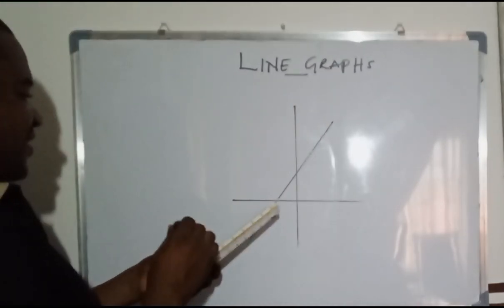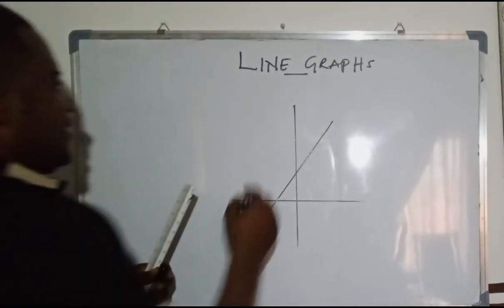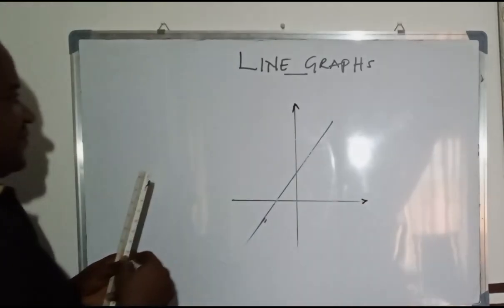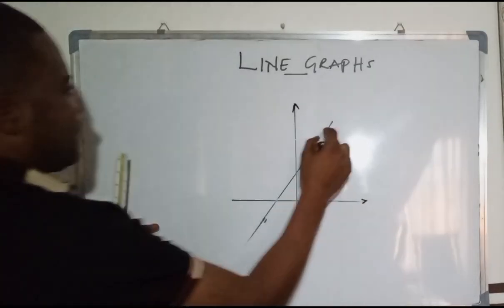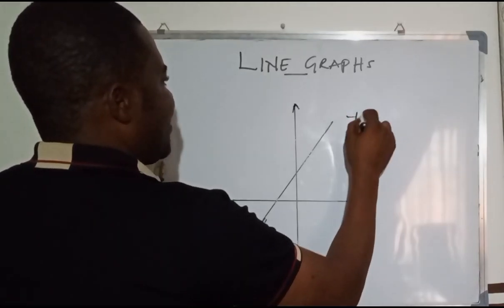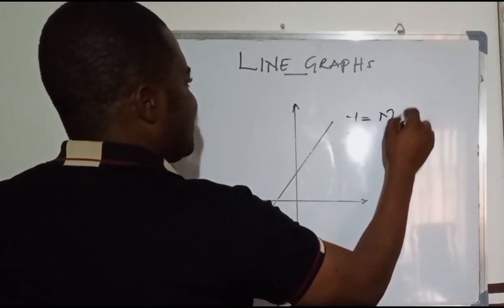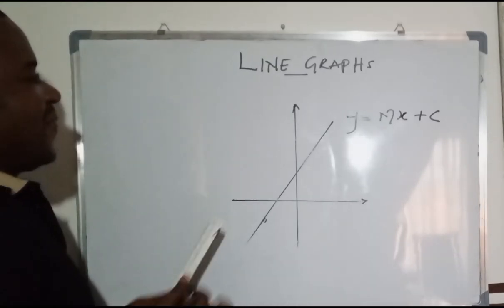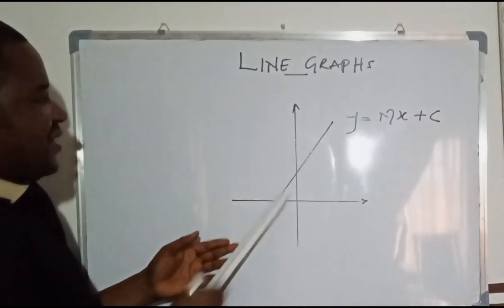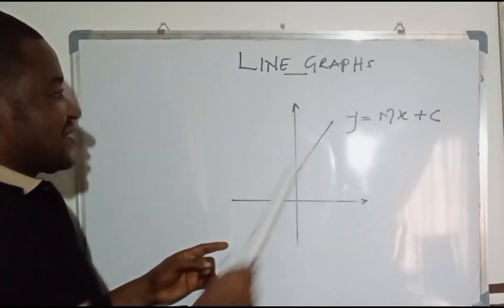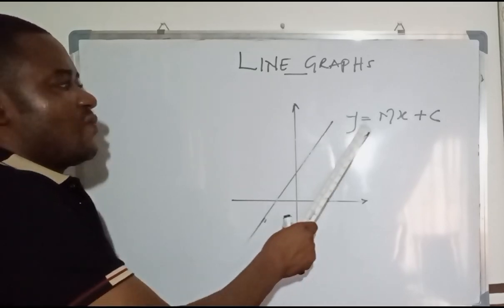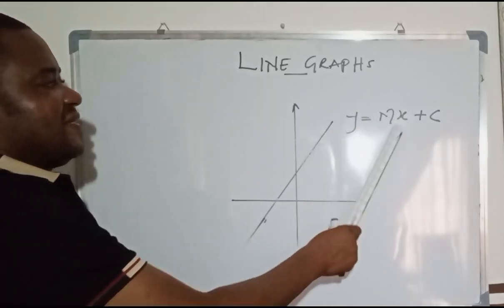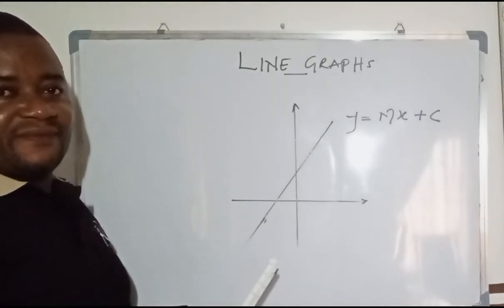This graph is explained as y equals mx plus c. The straight line itself is explained as y equals mx plus c, which is the straight line equation.